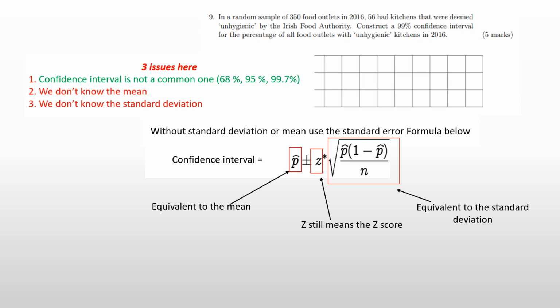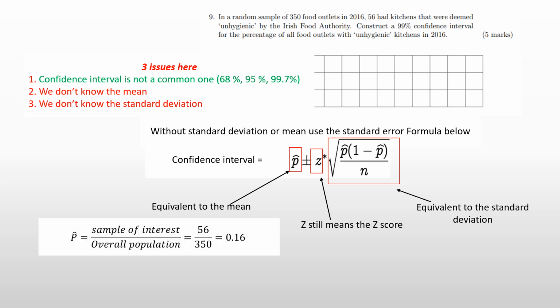So what do these symbols mean, right? The p is simply the sample of interest, the number of those divided by the overall population, right? In this case, our sample of interest is 56, the ones that were unhygienic.